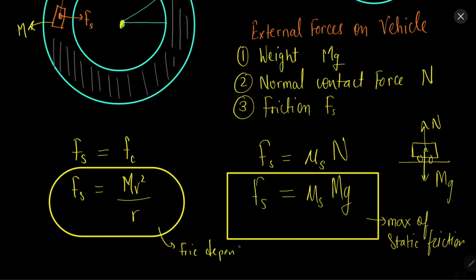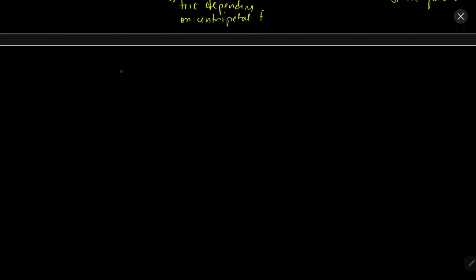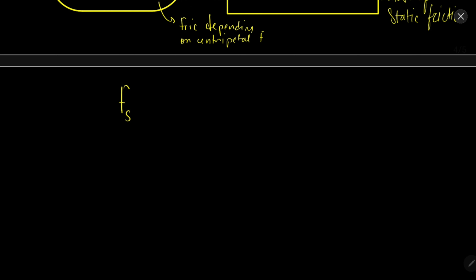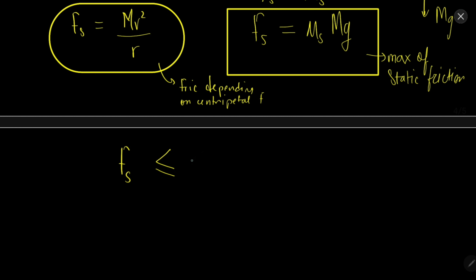And this is the friction depending on the centripetal force. So in order for the car to move safely and not skid outside, the friction must be smaller than or equal to the maximum value of the static friction.